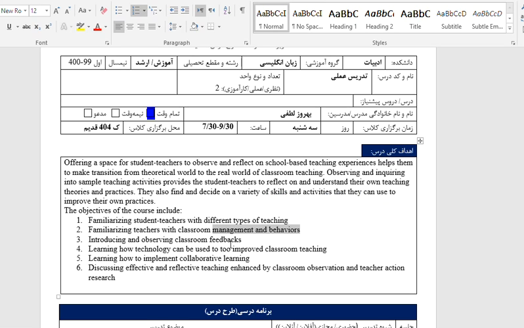Then classroom feedback, how teachers provide students with feedback, how teachers use classroom assessment, and learning how technology can be used to improve classroom teaching.